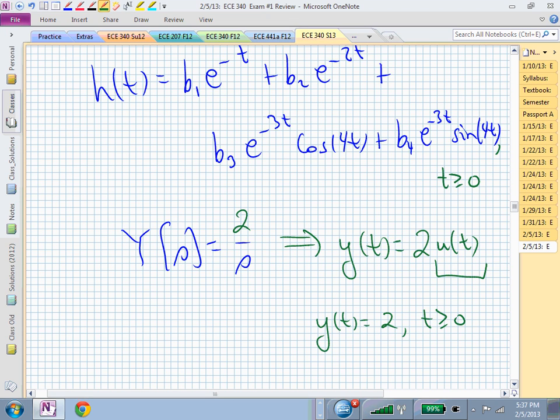Now if you have a differential equation, let me give just an example from an earlier exam so that I have something to play with.